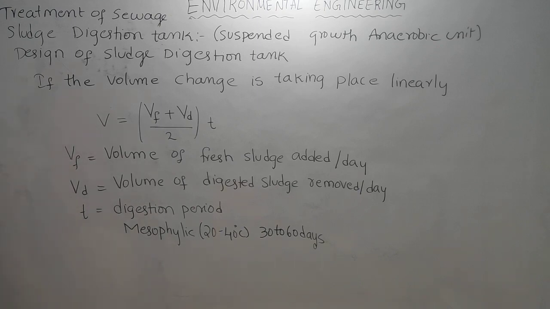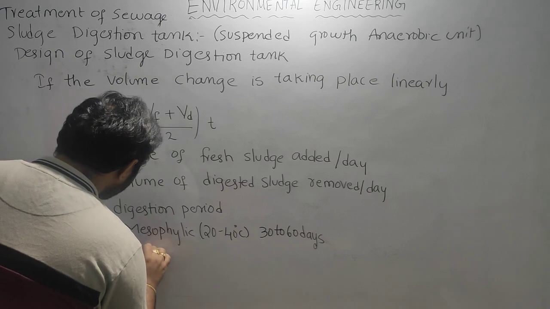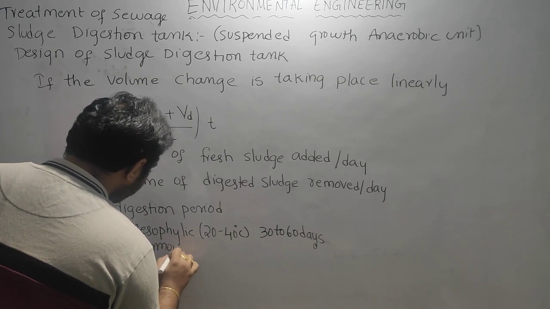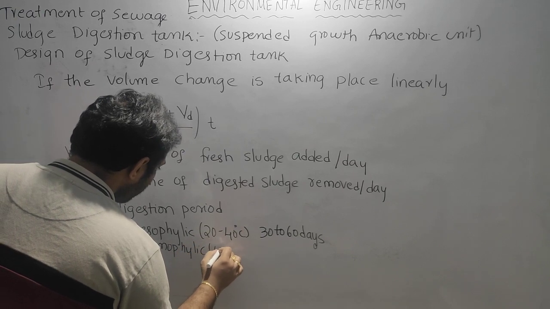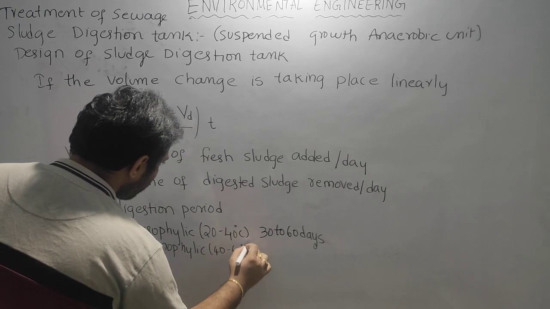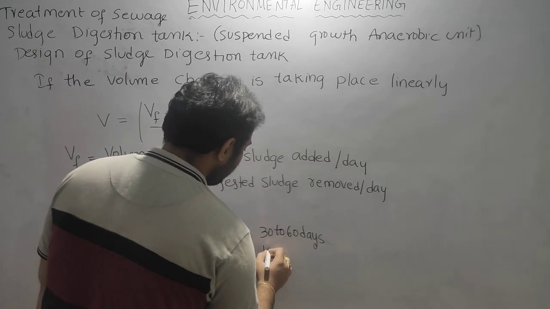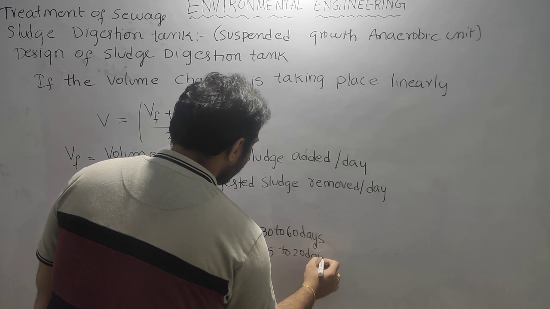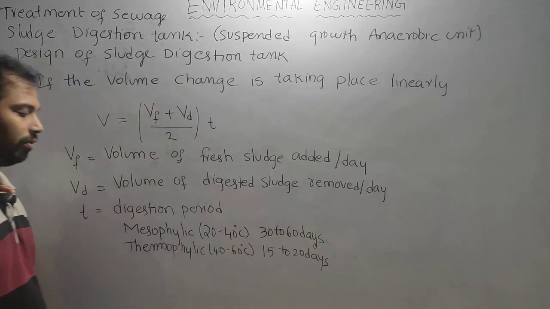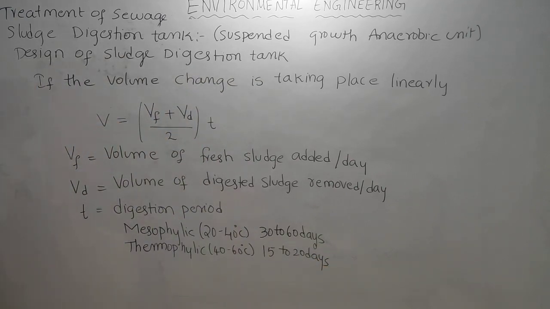Thermophilic work in a range of 40 to 60 degrees, and it takes a range of 15 to 20 days. Depending upon the type of microorganism, the value will change. So when the temperature is more, the digestion period will be less.